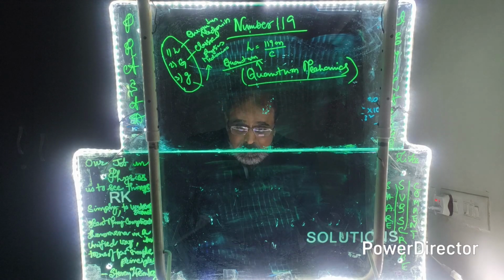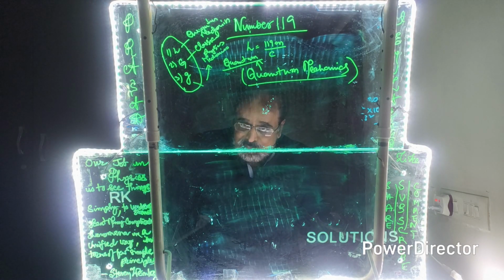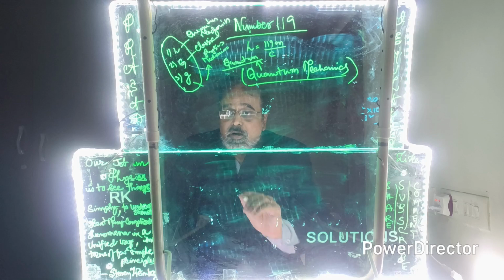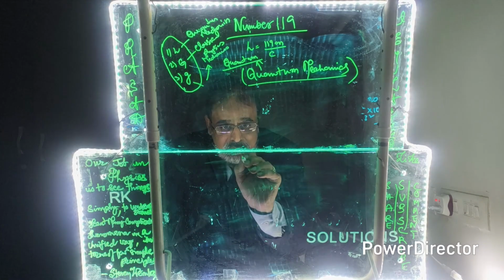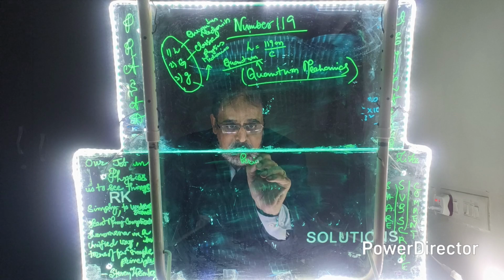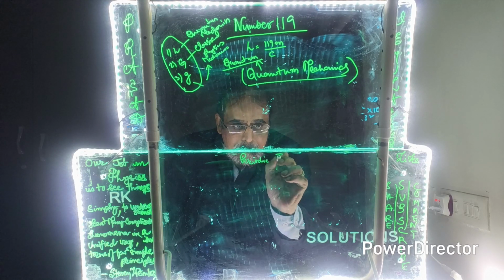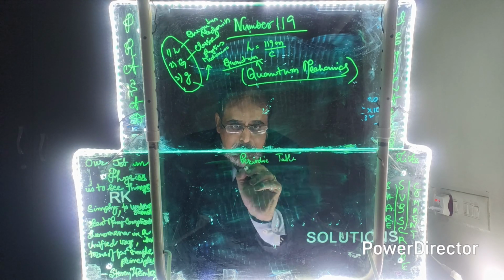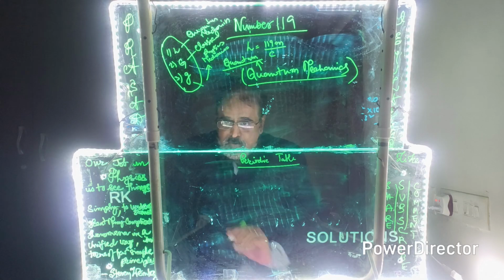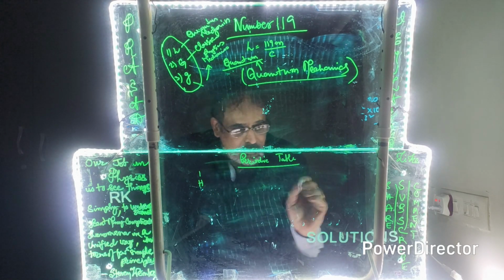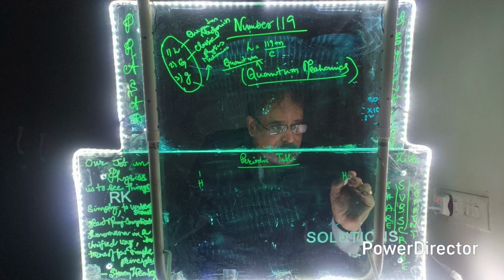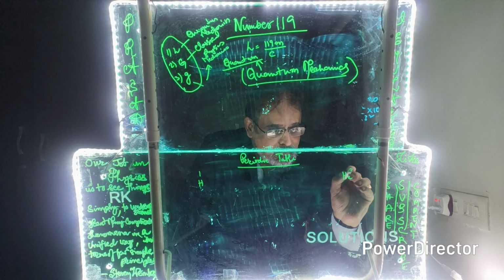So, what is 119? If you look at the periodic table, we have elements from H, which is 1. On the right side, you have helium, 2.